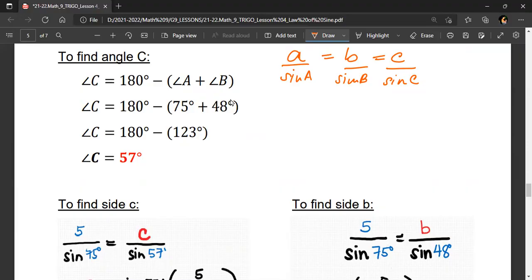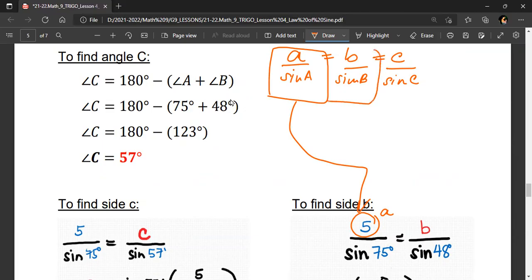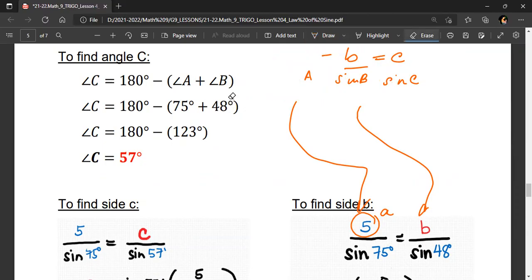Now, in this given, as we notice that 5 is the equivalent of side A, this relationship has a representation of this one. And then based on this solution, we will find the side B. Thus, the second relationship will be used in this manner of solution, where we find the side B. So let me close this one, erase this one.